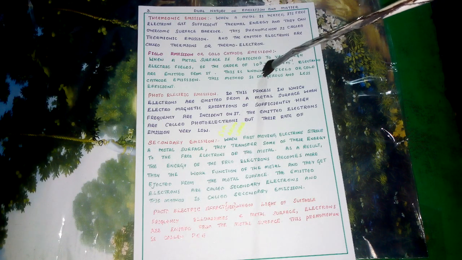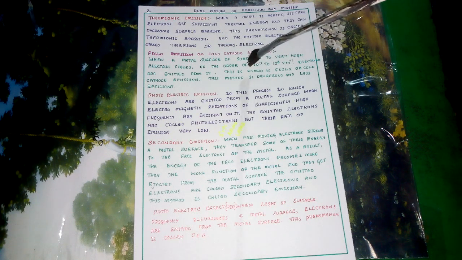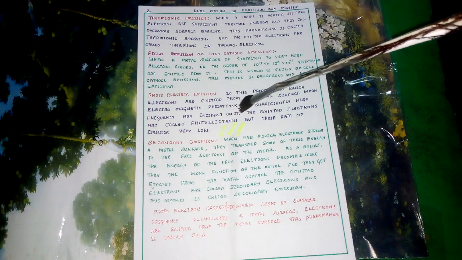By applying an electric field also we can do this emission process, by subjecting the metal to a very high electric field of the order of 10 to the power of 3 to 10 to the power of 8 volt per meter. Electrons are emitted from it. This is known as field emission or cold cathode emission. This is very dangerous because we are applying an electric field for the emission of an electron from the metal surface, right? Now coming to the third one, that is photoelectric emission.